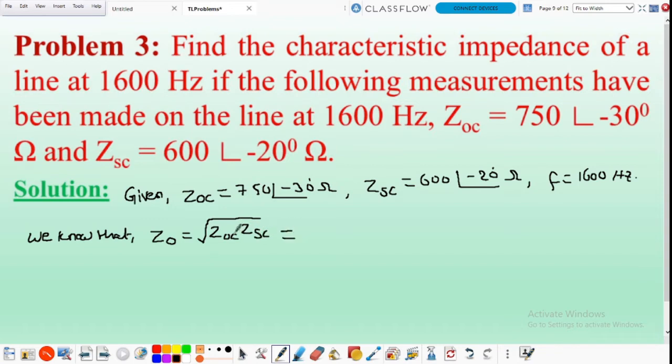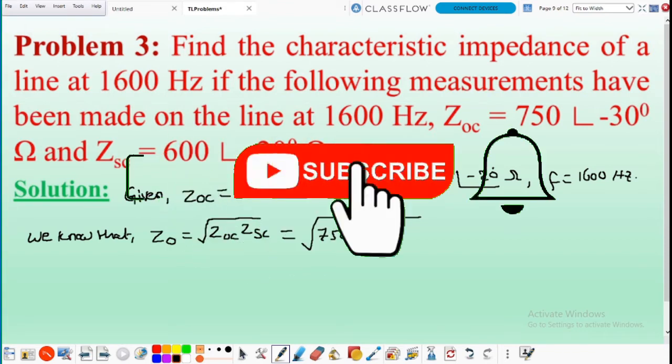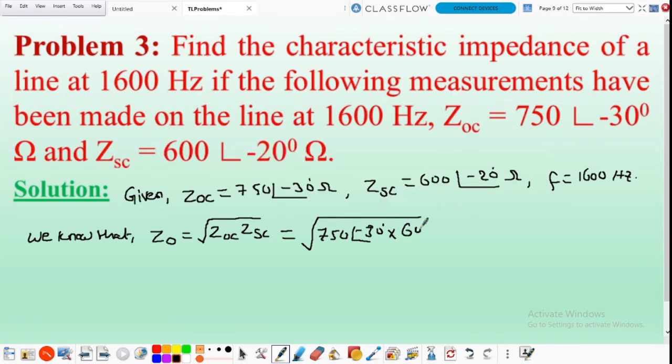Now, substituting the ZOC and ZSC values in this equation, we get Z naught is equal to square root of ZOC, 750 at an angle of minus 30 degrees, into ZSC, 600 at an angle of minus 20 degrees.